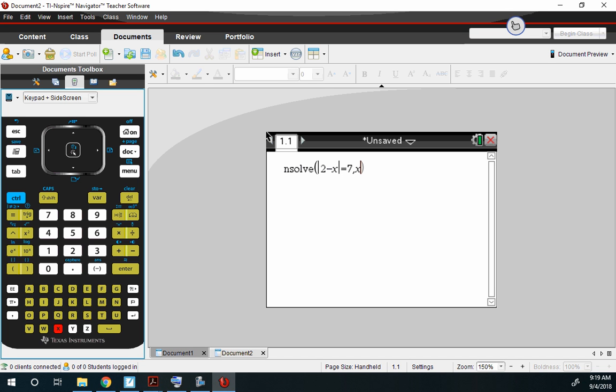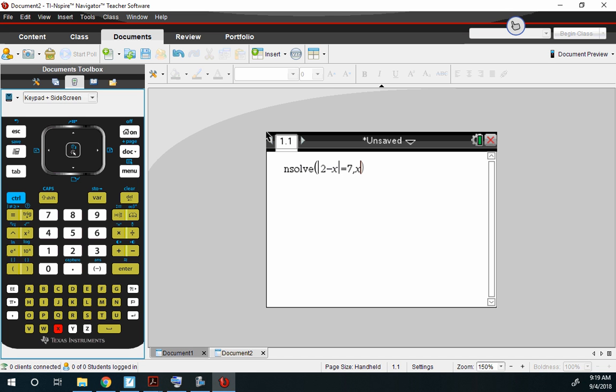You need your 2 minus x in absolute value, and then you need an equal 7. Let me see what you got going on here. So in absolute value, I got 2 minus x, and then equals 7. There we go. And then comma x.